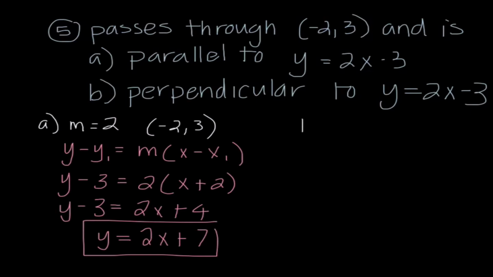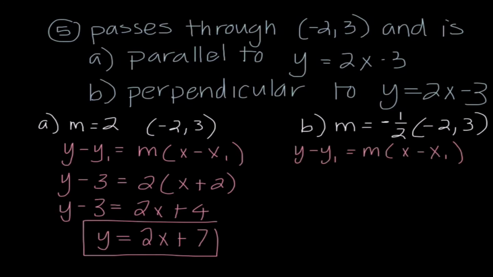Now we would need to go ahead and do part B. Once again, I know it's going through negative 2, 3. I need to figure out what is the slope that is perpendicular to 2. We know perpendicular slopes are the opposite reciprocal. So opposite means that it would be negative. The reciprocal of 2 is 1/2. So I'm using point slope form again.